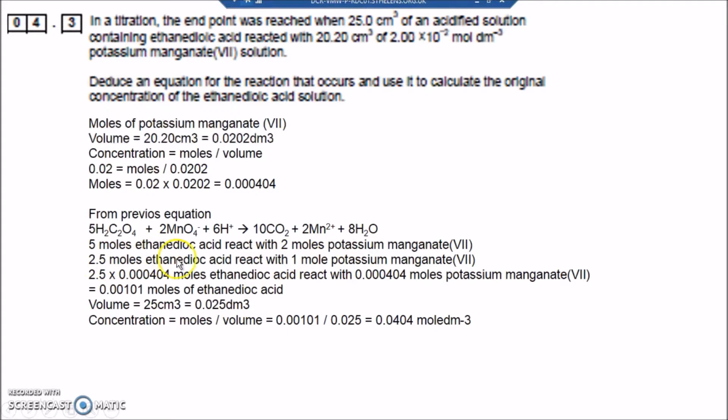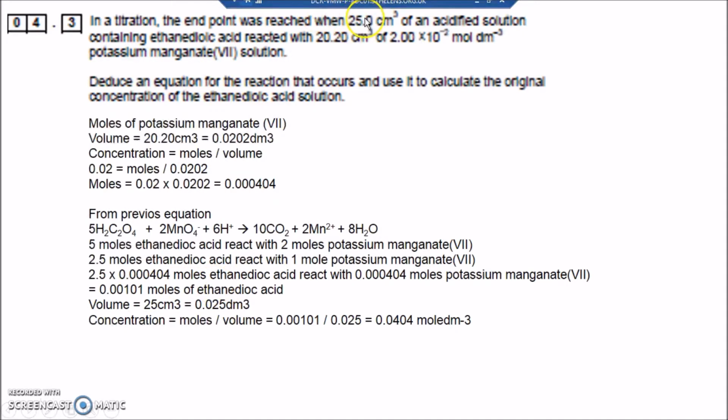So 2.5 moles of ethane dioic acid react with 1. So if I multiply this number, 0.000404, that's the number of moles of potassium manganate 7 that I've got, by 2.5, I'll work out the number of moles of ethane dioic acid that I've got, 0.00101 moles of ethane dioic acid.